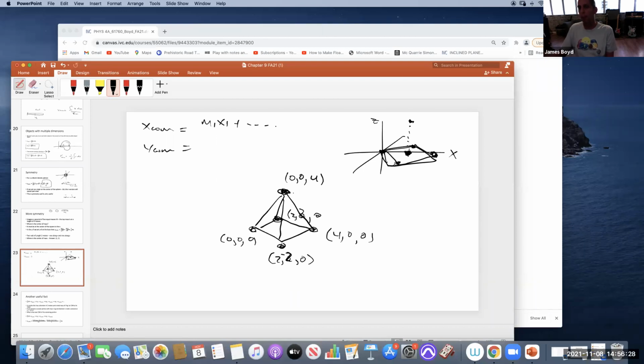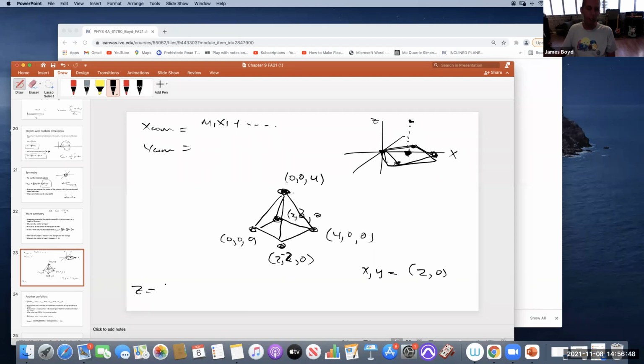It has to be, because these things cancel in parallel. So we know that X and Y are 2 in the X and 0 in the Y. You can prove that to yourself, but all we're left with is Z.